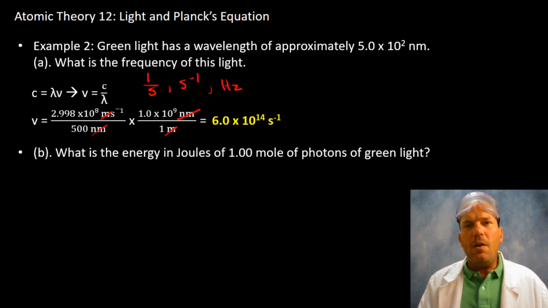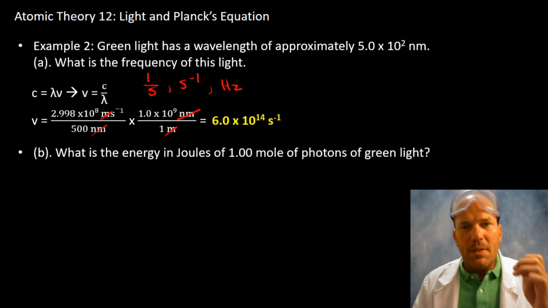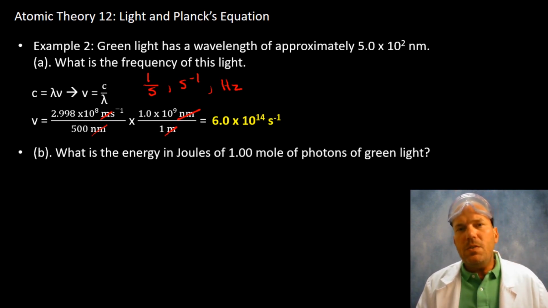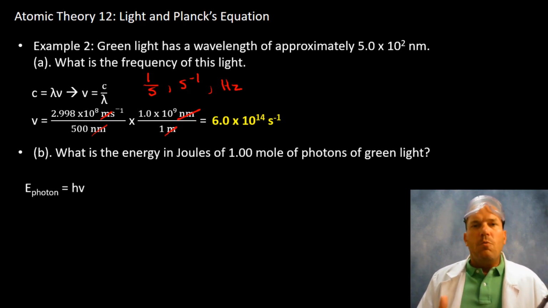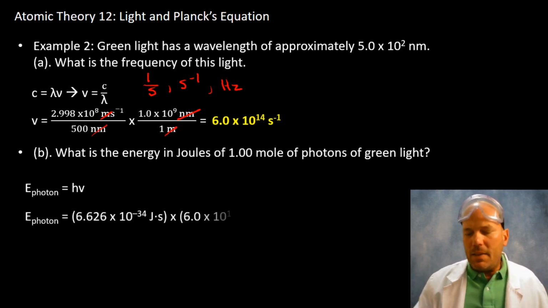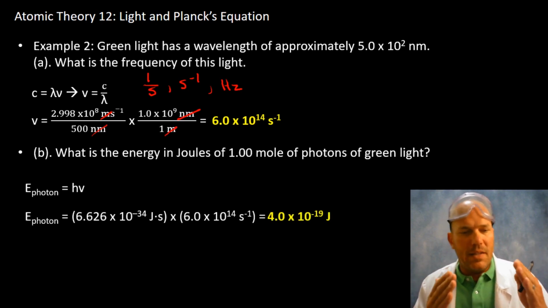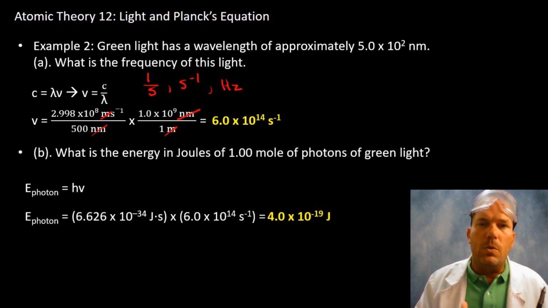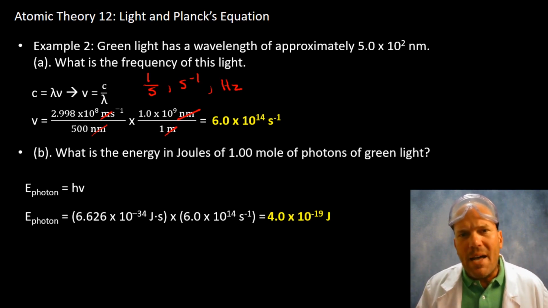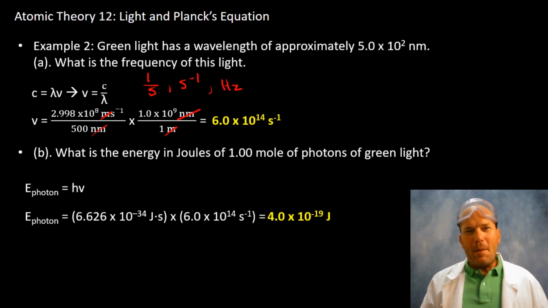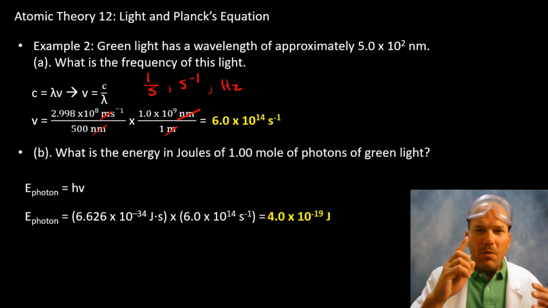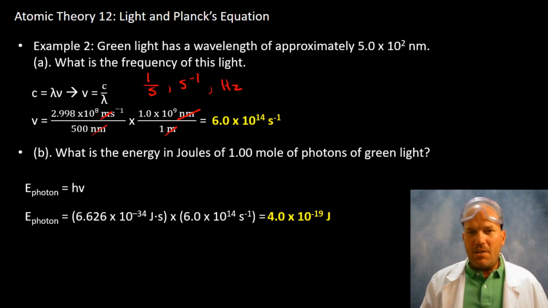So to start off with, you're just going to use Planck's equation and use the frequency that you calculated in part A. Once you put in those variables, you're able to simply calculate this out, and you should get 4.0 times 10 to the negative 19th joules. A very small amount of energy, but we're talking about a quantum of energy called a photon. So in one photon, there's that much energy.